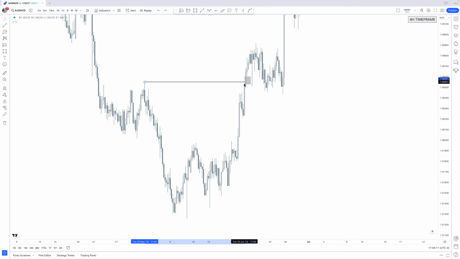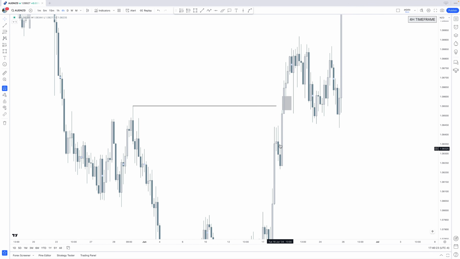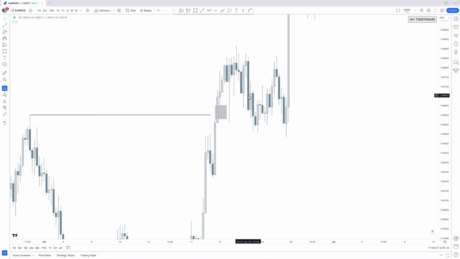Now the third box is a nested fair value area. This fair value area that we have right here is the bigger fair value area. That's the intermediate term high that we took right there. In the last price movement, before we took out this high right there, we also see actually a smaller fair value area sitting right here, which is nested inside the bigger fair value area.